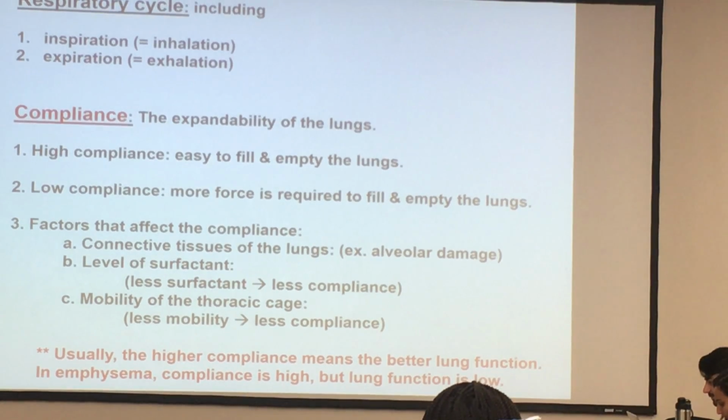One single alveolus expands 5 or 10 times. Air moves in very easily, so by definition it is higher compliance. But air just moves into the alveolus and cannot reach the blood capillary, so the lung function is low. Compliance is high, but lung function is low, because air only moves into the terminal of the alveolus, and the alveolus has lost the blood capillary.